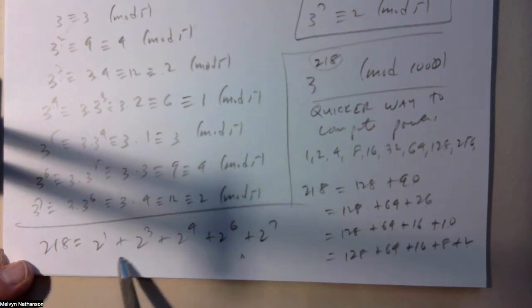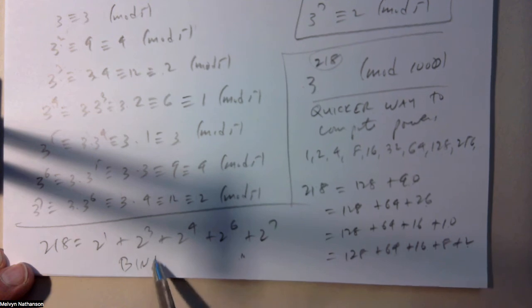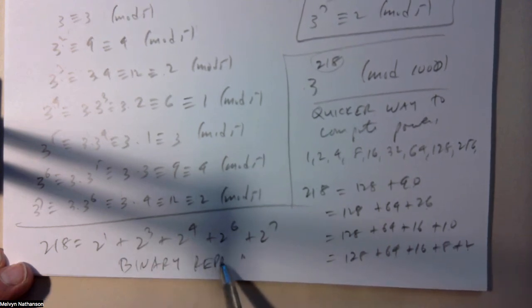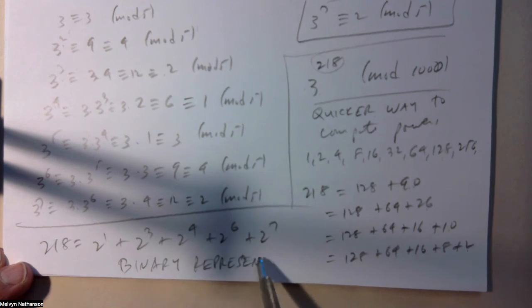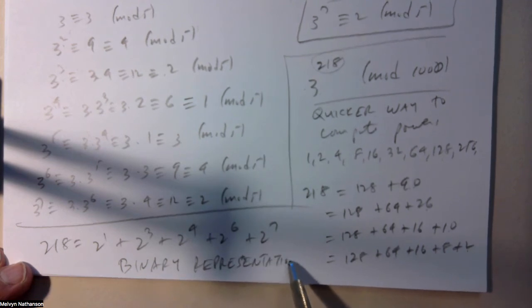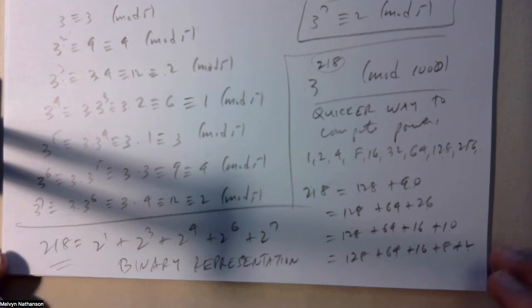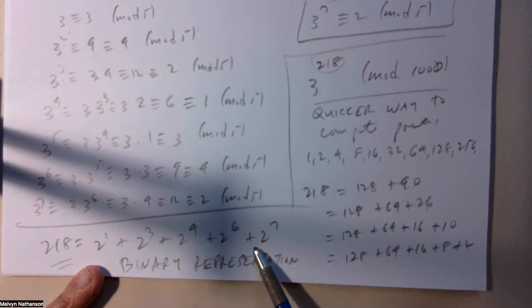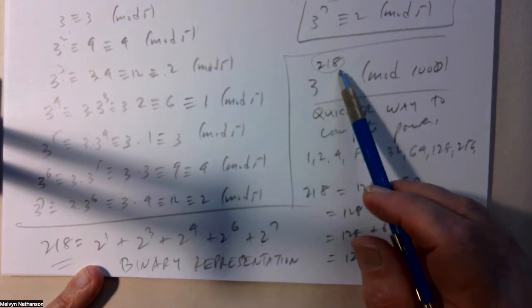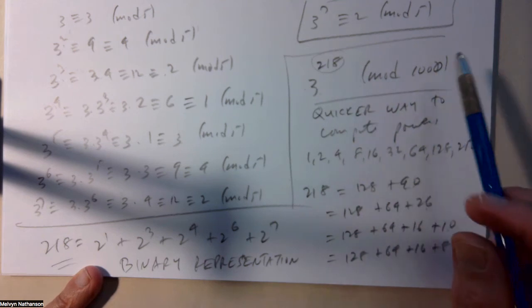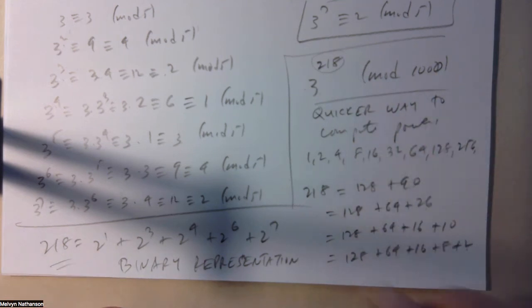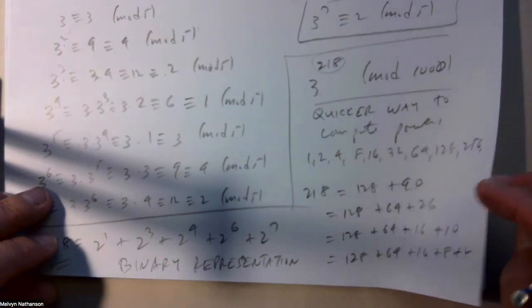So this is what is called the binary representation of 218. And I'm going to show you how we can use this binary representation to compute 3 to the power 218 mod 1,000 without 217 different multiplications.